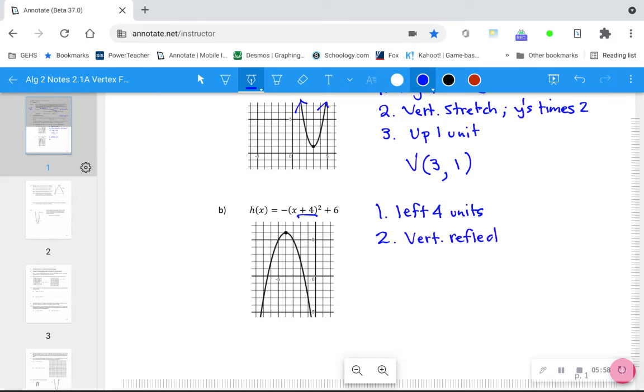Now you can answer it that way, a vertical reflection, when you see that negative sign, or you can say reflected over the x-axis. This is just an alternate way of saying this. Either way is fine. And the third thing is that it's affected by that +6, and that moves it up 6 units.